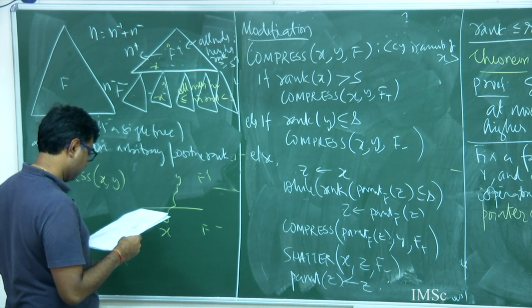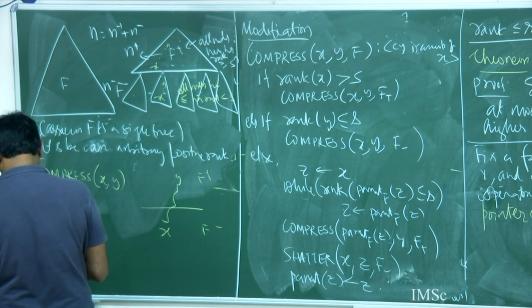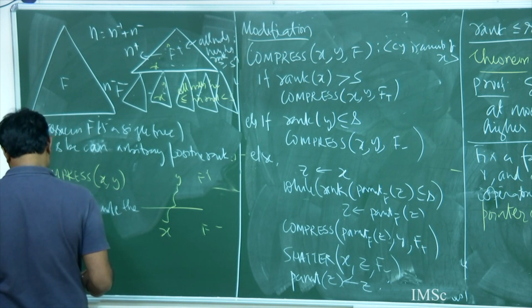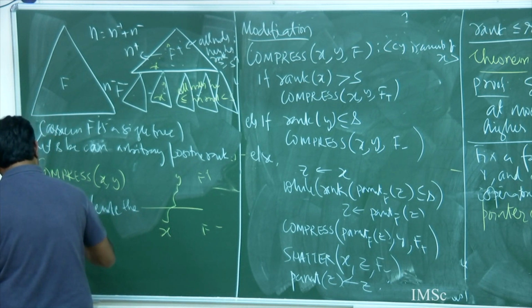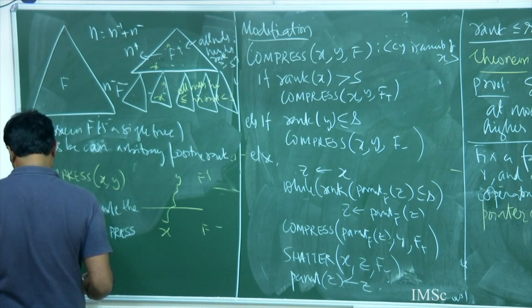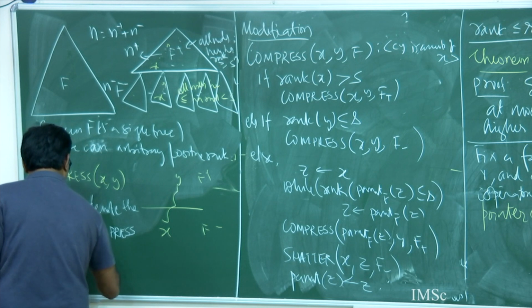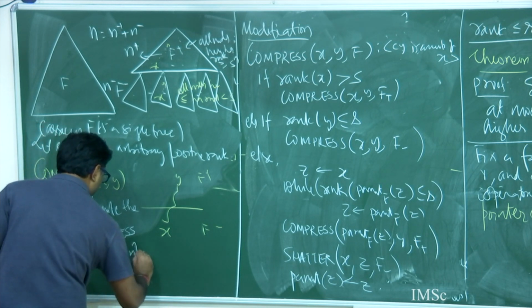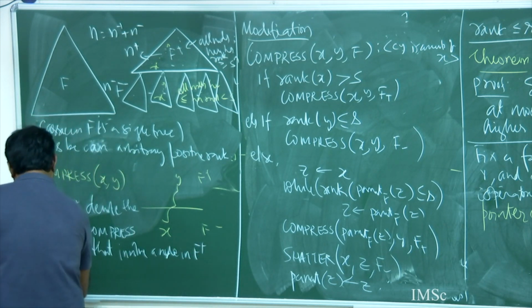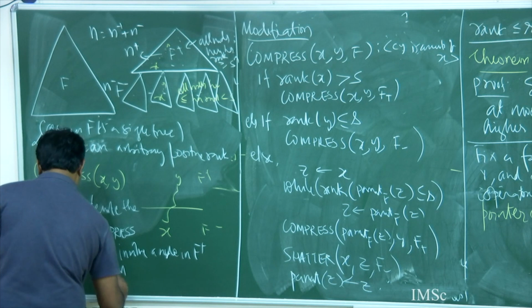Now let m plus denote the number of compress operations that involve a node in F plus. And M minus is M minus M plus.